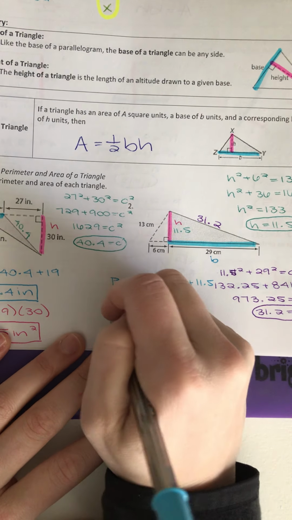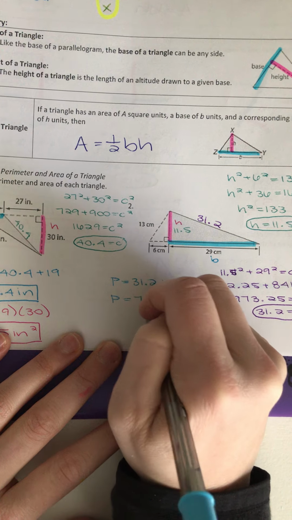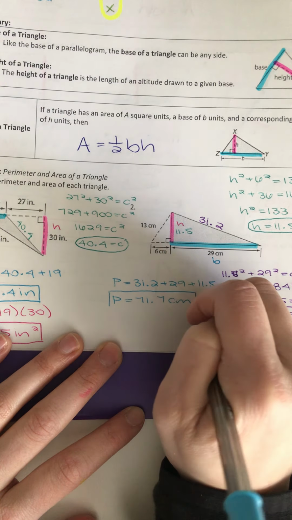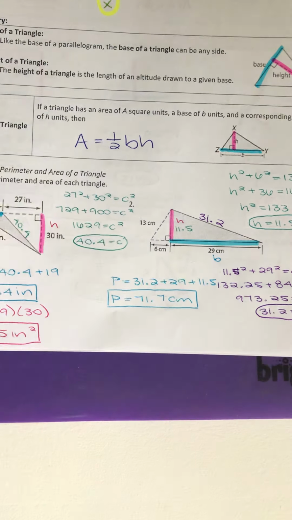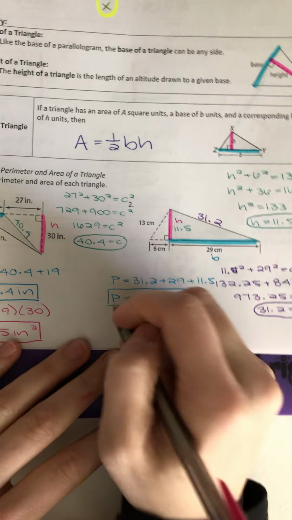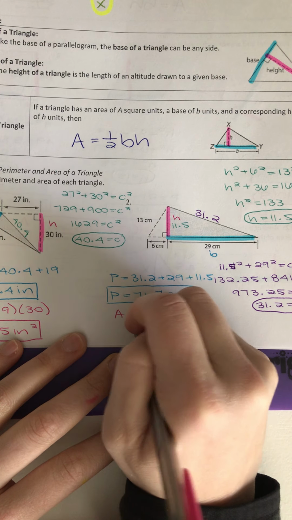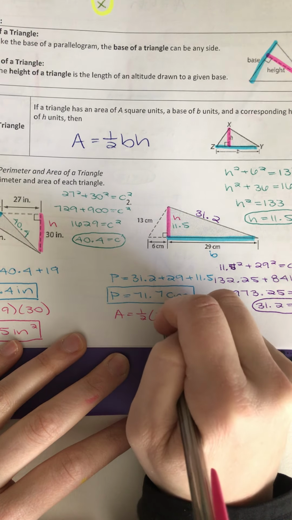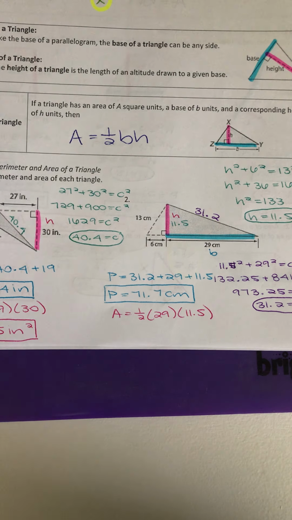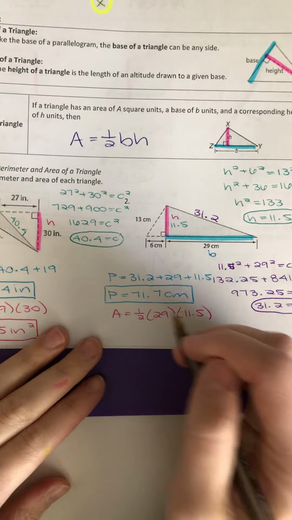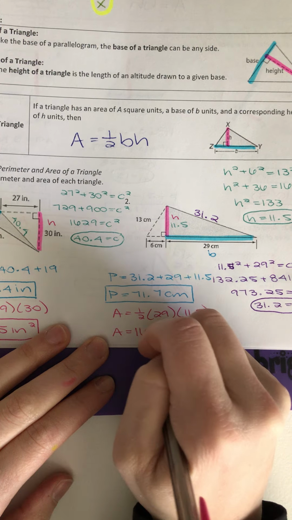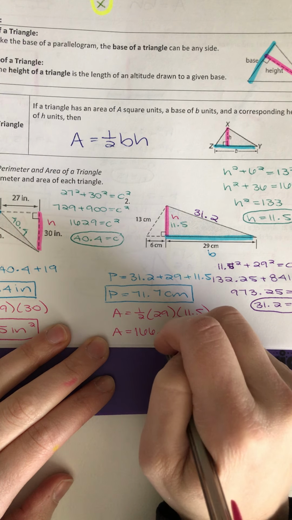It's going to be 71.7. And then my area is 1/2 my base times my height, which is going to be, we have a decimal, it'll be 166.75.